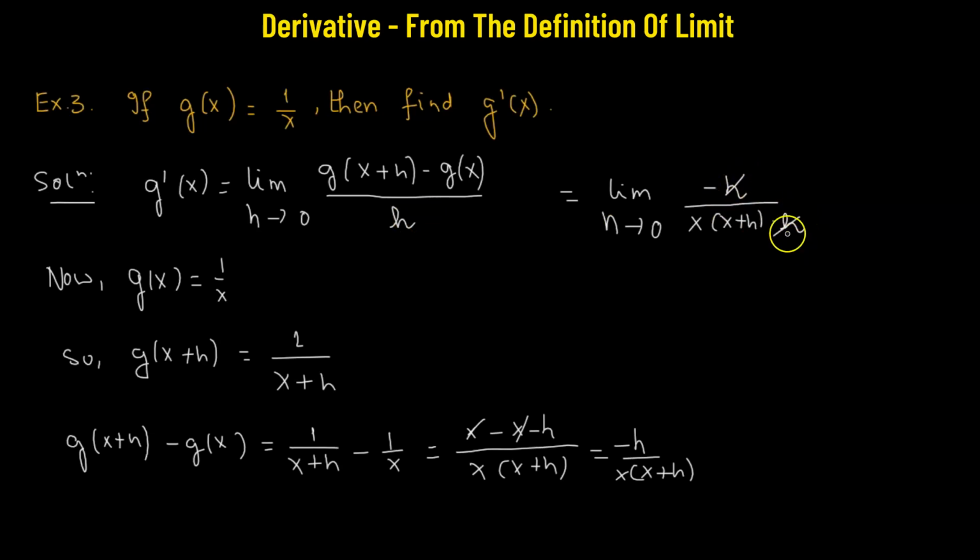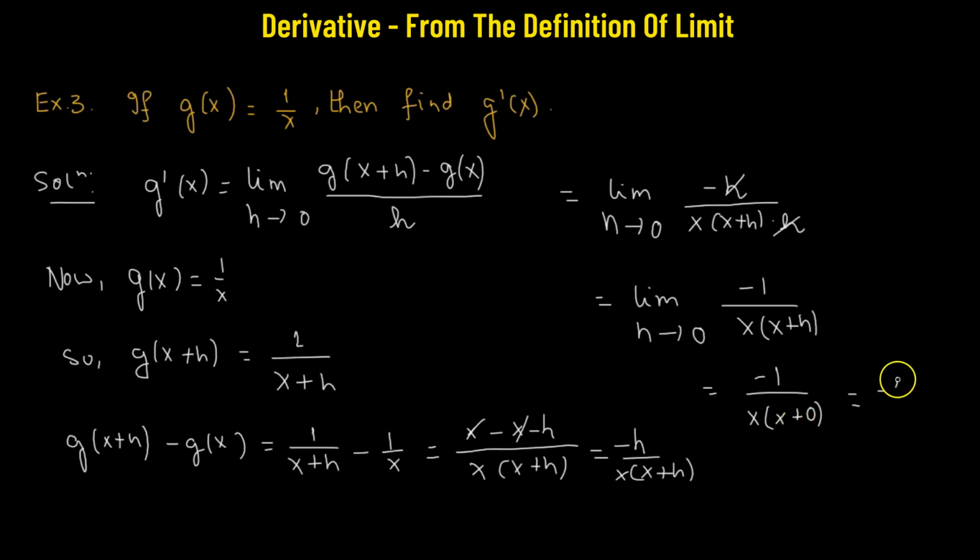So the h from both the numerator and the denominator goes away, and this leaves us with the limit as h approaches 0 of negative 1 divided by x times x plus h. So let's use the limit value. We have negative 1 divided by x times x plus 0, and this is simply equal to negative 1 over x squared. So this is the derivative of our function g of x.